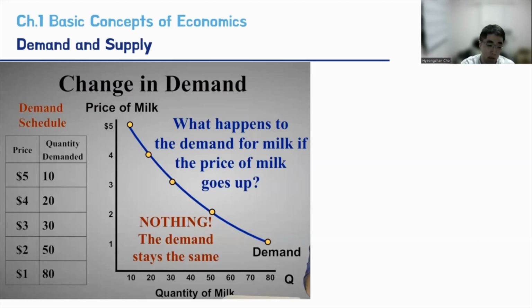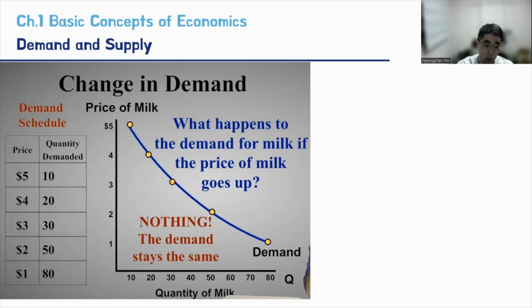You might say that if the price goes up, the demand itself goes down. But actually, when the price goes up, the demand itself is not changing anywhere, which means the quantity demanded changes with the change of price, but demand itself does not change. So let's check these things.